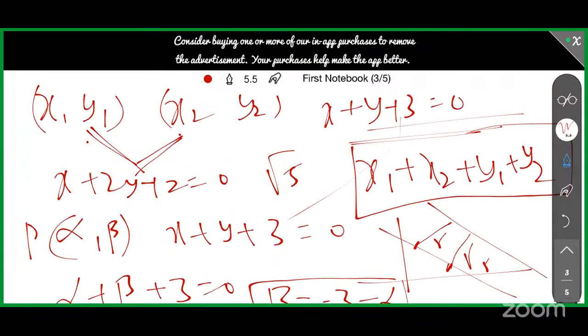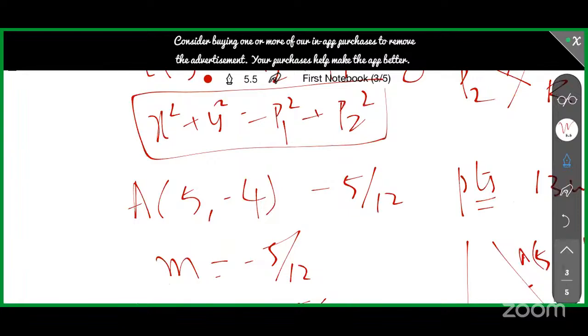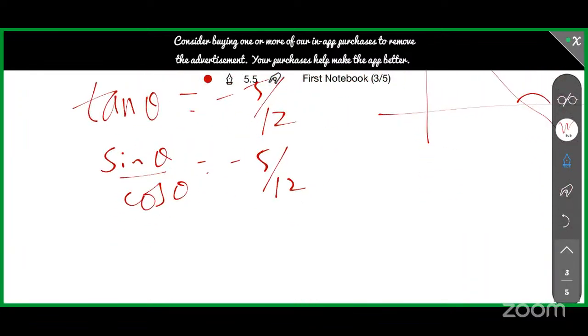That means what is the value of my sin theta? I have to find it out.